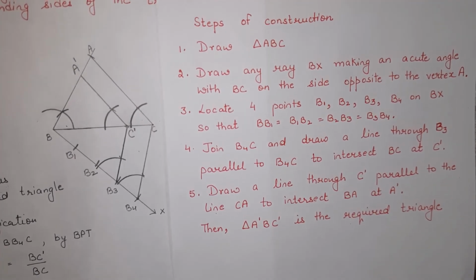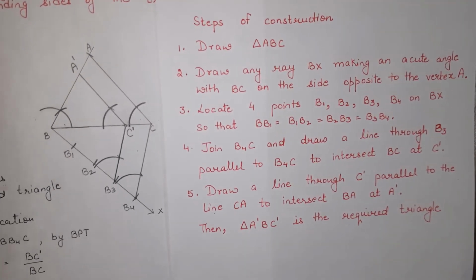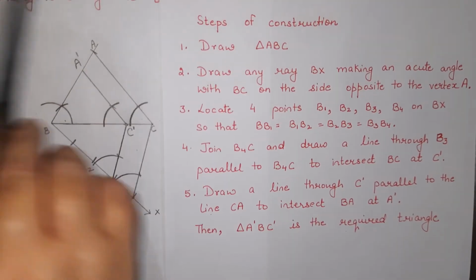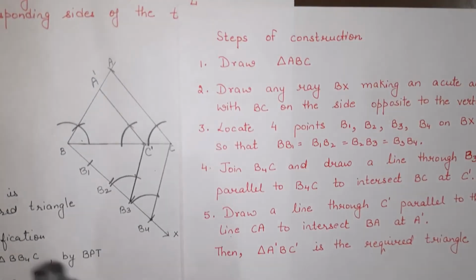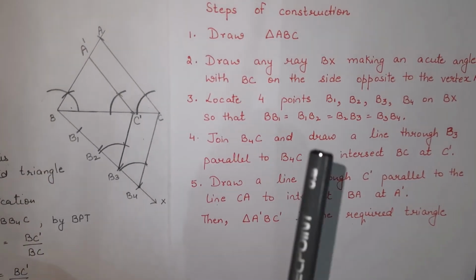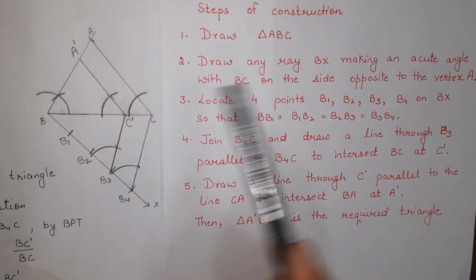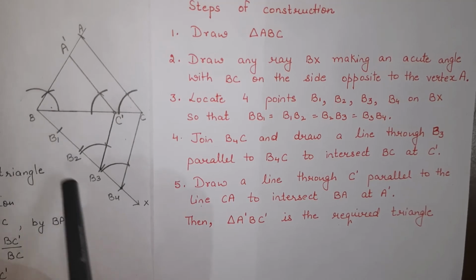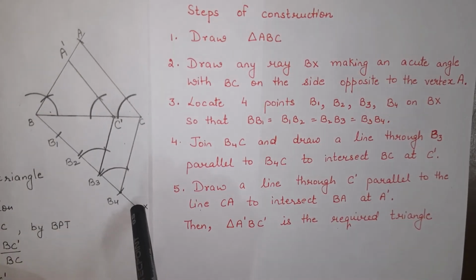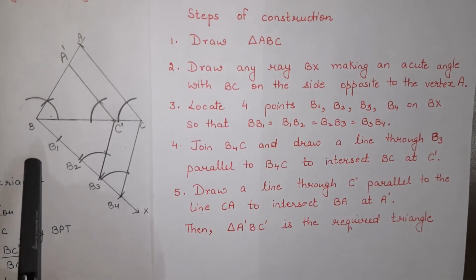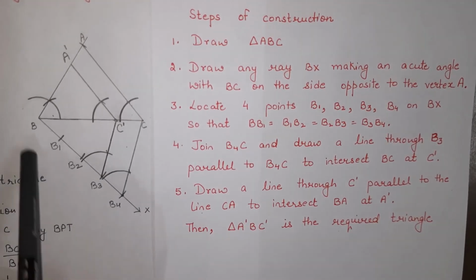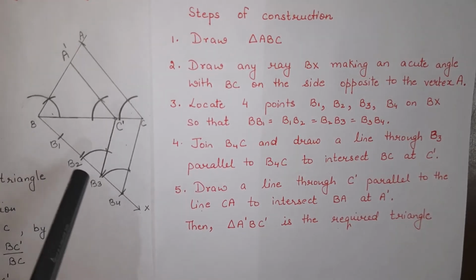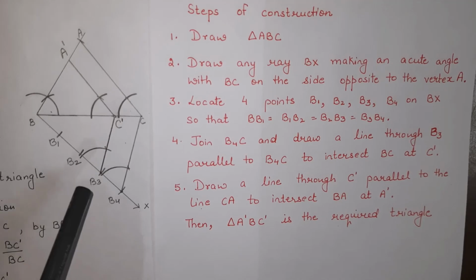Now let us see the steps of construction. First step is to draw triangle ABC. This is the given triangle whose dimensions are given: BC is 6 cm, AB is 5 cm and angle ABC is 60 degrees. Draw any ray BX making an acute angle with BC on the side opposite to the vertex A. Now locate 4 points B1, B2, B3, B4 on BX such that BB1 equals B1B2 equals B2B3 equals B3B4.